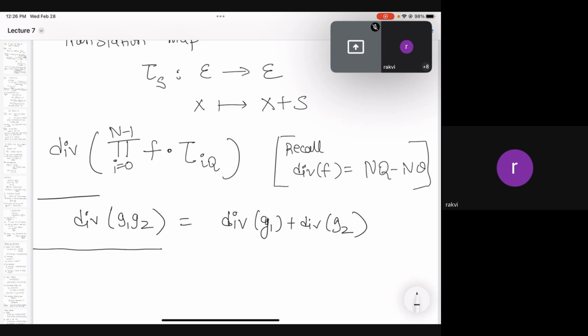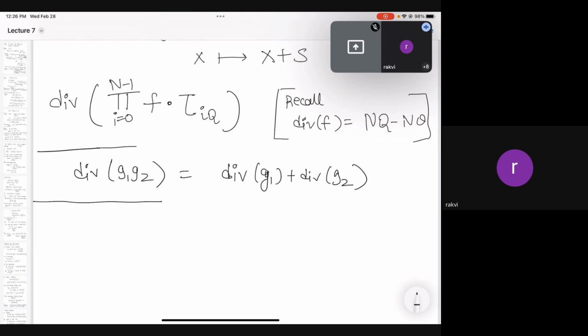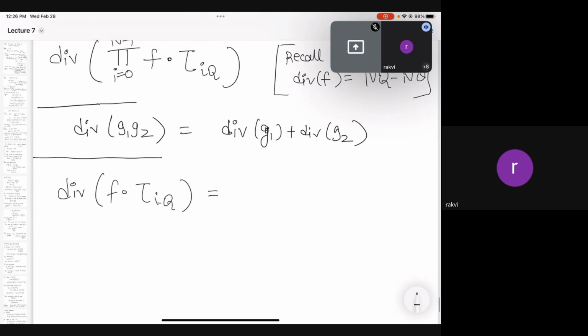So instead of looking at this big product at first, let me start by looking at one term at least. Let's look at the divisor of f of tau iq. This function is a composition of f and tau.